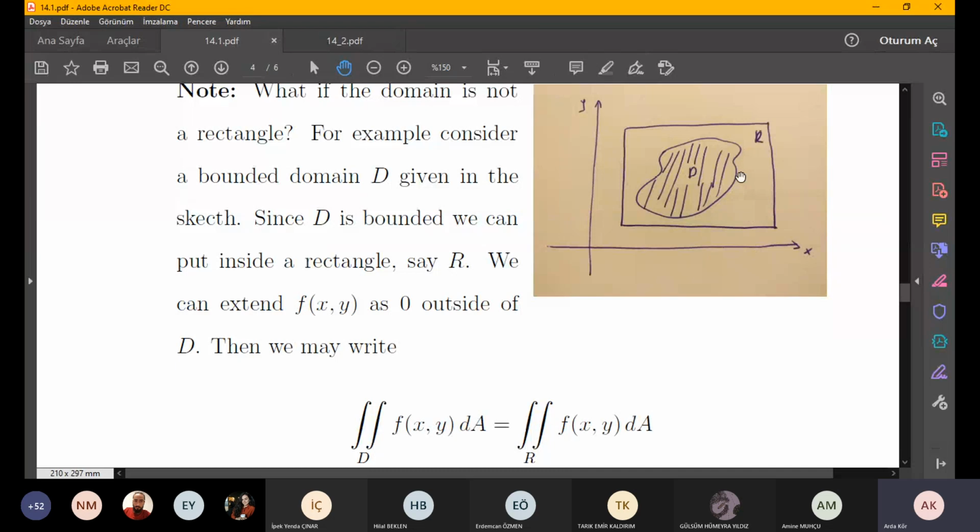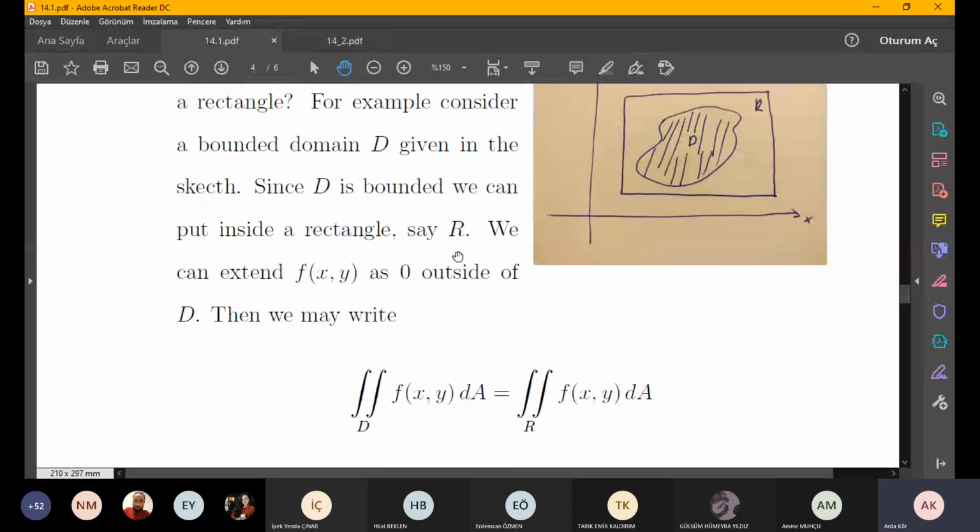Which means the double integral of f(x,y) over D has to be equal to the double integral of f(x,y) on that rectangular area R, where we put our non-rectangular region D, and suppose f(x,y) is defined as 0 outside of D.